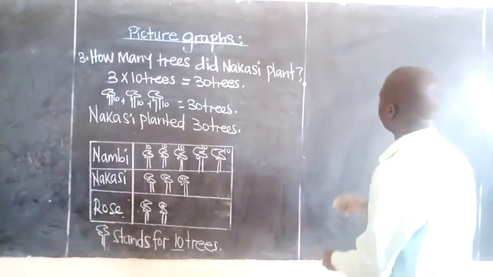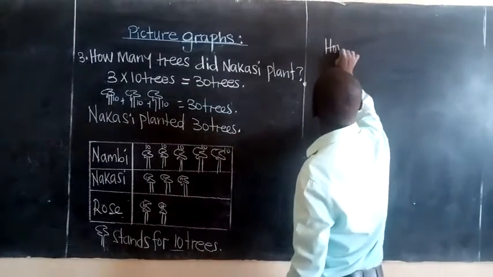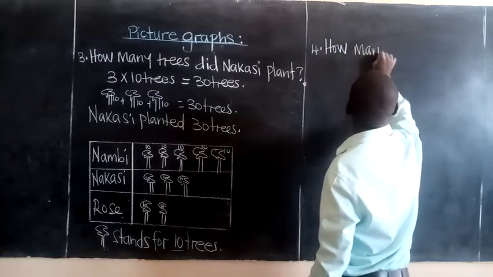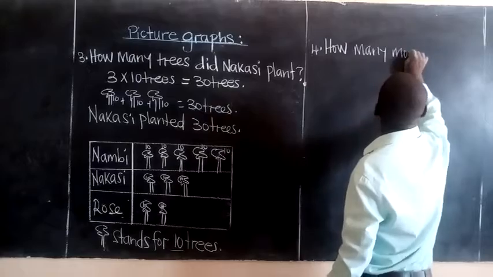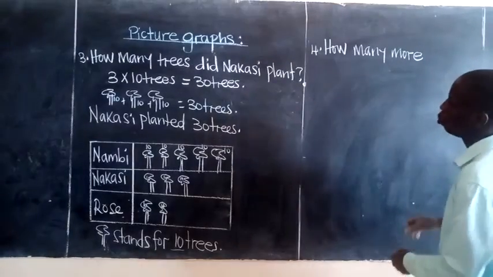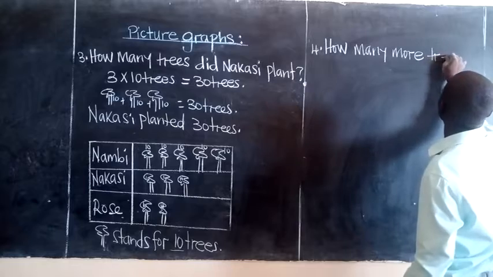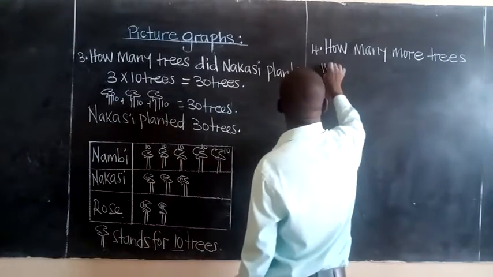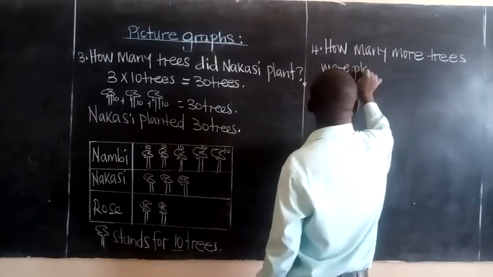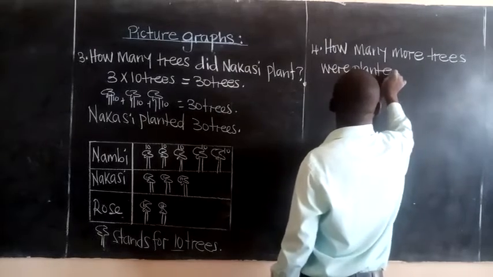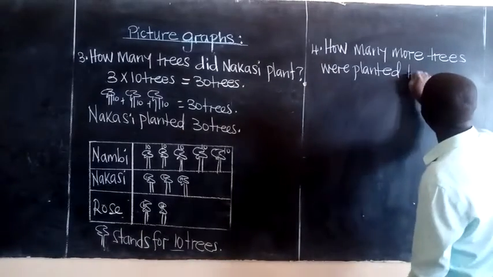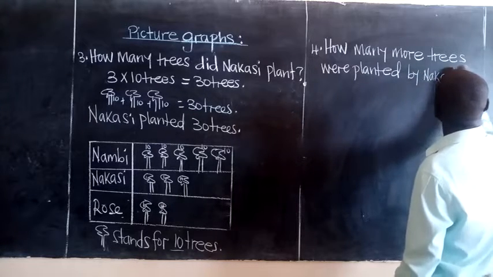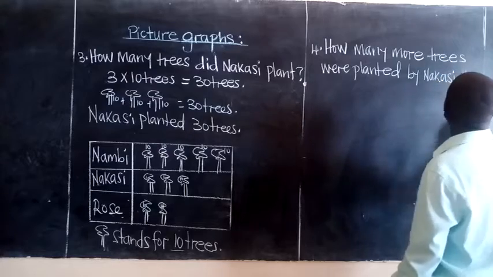This time they are saying, how many more trees? This is number 4. How many more trees were planted by Nakasi than Rose?